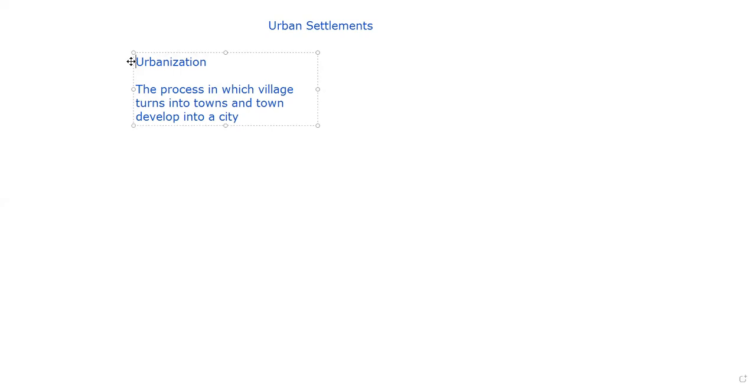This is the simplest definition of urbanization. Then the main criteria for urbanization is, of course, having some sort of advanced functions, some kind of advanced facility, and an increase in population.